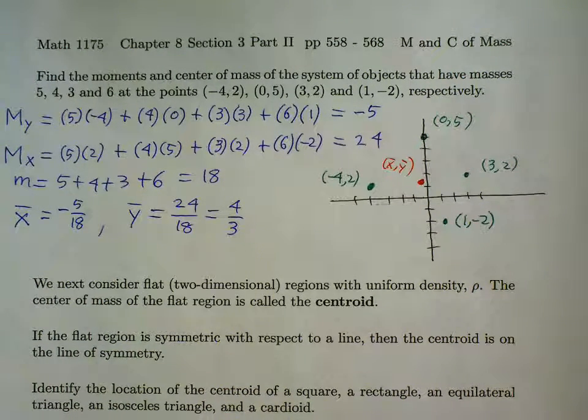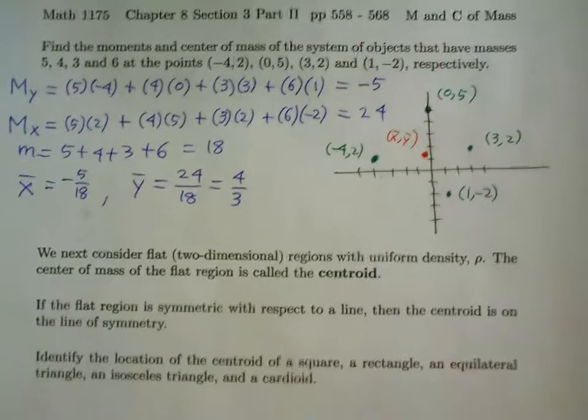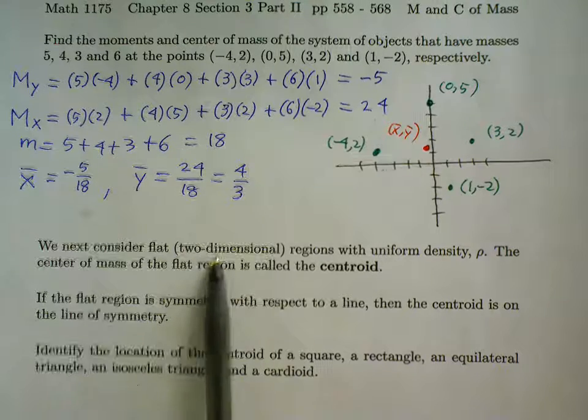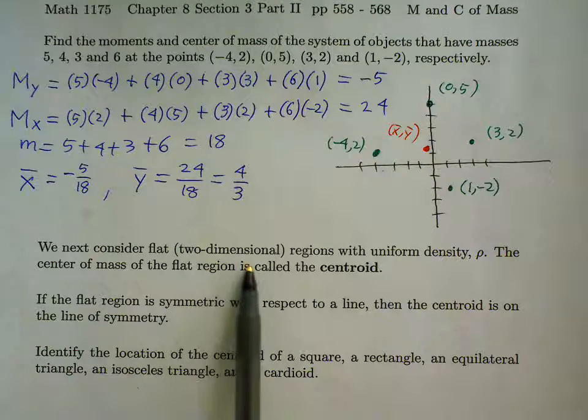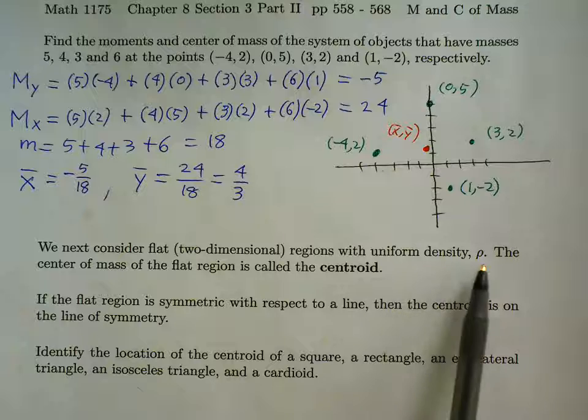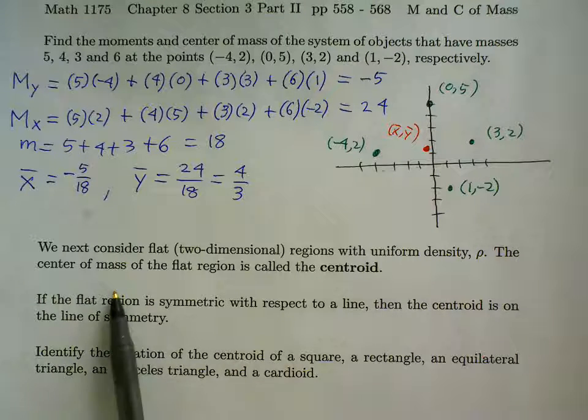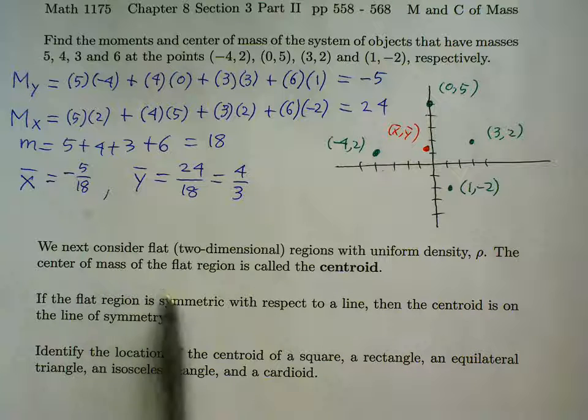Okay, now we'll go on to the next level. We'll now consider flat 2-dimensional regions with uniform density rho. And the center of mass of the flat region is called the centroid.